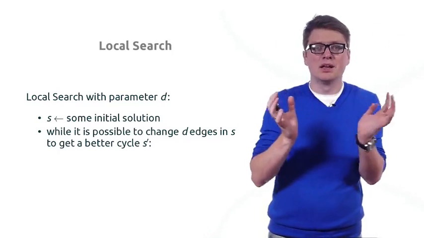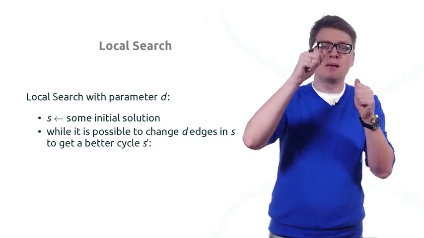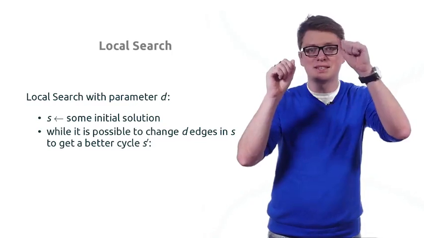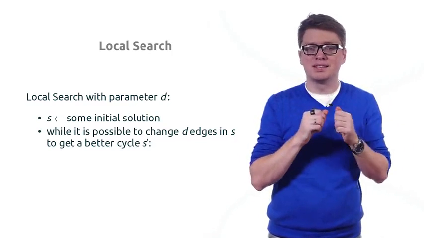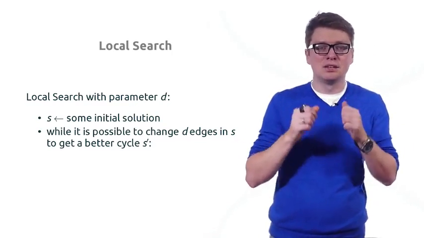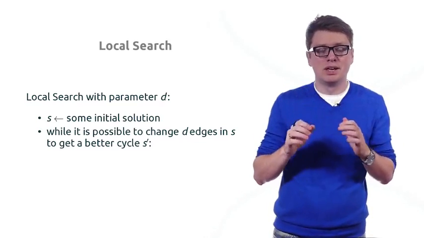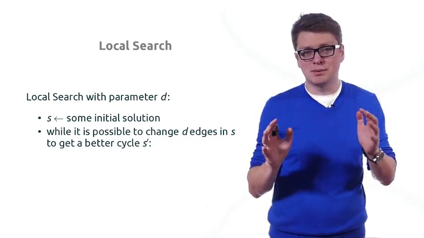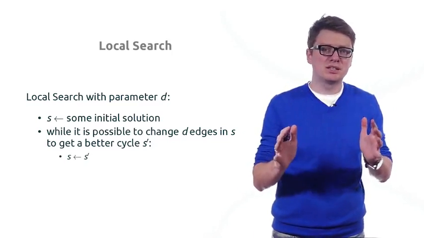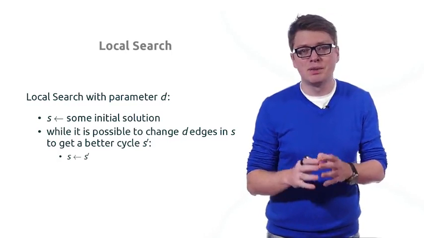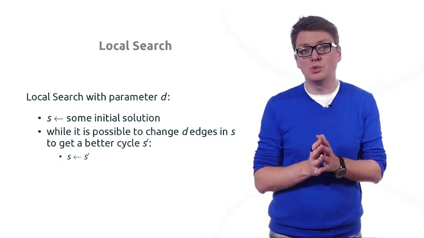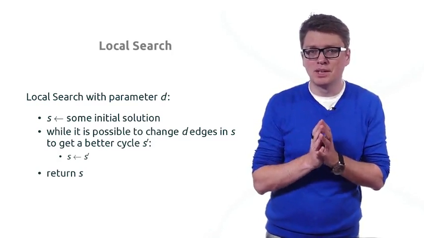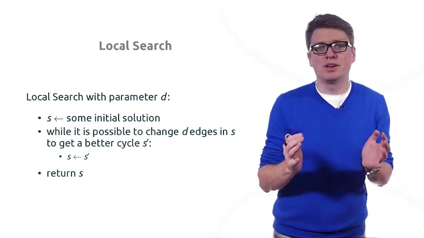We take our cycle with n edges, and we remove some d edges from it. This creates some nodes of degree 1, and then we try to connect these 2d nodes in a different manner. If it is possible to do this and to improve our solution S and to get some solution S prime, then we just replace S with S prime and continue this while loop. And we stop when it is not possible. So this is a reasonable algorithm.